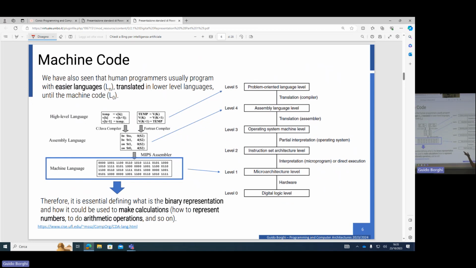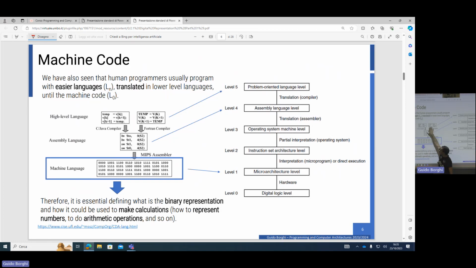This is another slide that recalls the previous one in the first part. We have seen that human programmers usually use easier languages, L1, L2, L3, LN, that are translated into lower level languages. Maybe we are using a high level language, such as Java, C, Python, various high level languages.